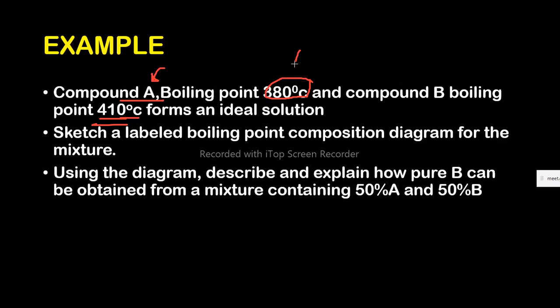Obviously, it's A, which boils at a temperature that is lower than that of B. I hope you are able to see that. Now, the question wants you to sketch the boiling point composition diagram of this mixture, showing how the boiling point is going to vary with the composition. It's just simple work.